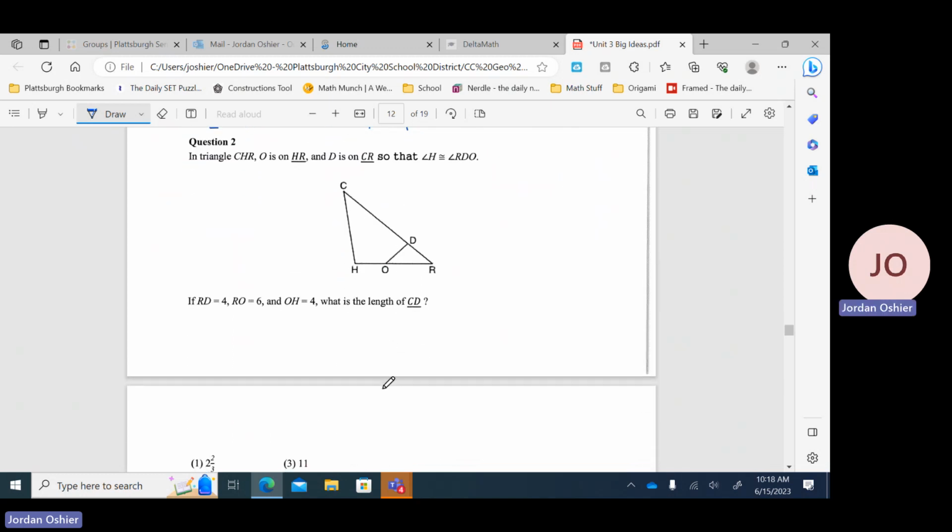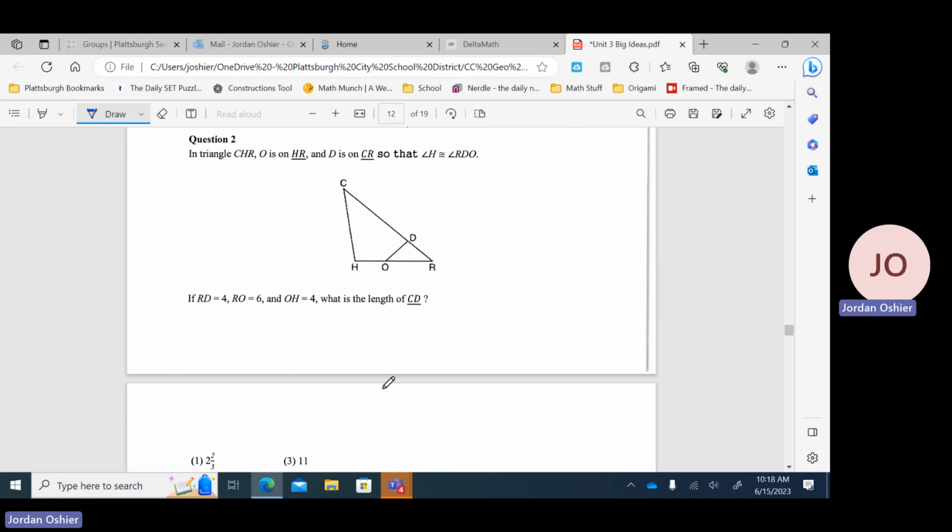The next one, we have a triangle CHR, and then angle H is congruent to RDO. So the second I read that, I would redraw them separately, so that they look corresponding.